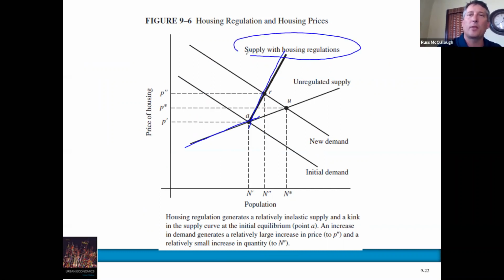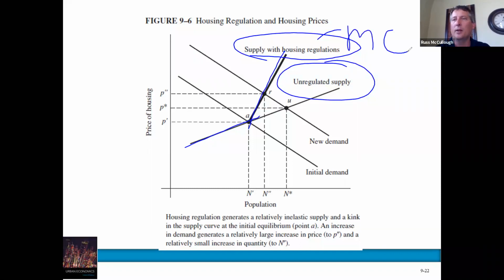So supply with housing regulations versus unregulated supply. Remember, the supply curve is the marginal cost curve. So if we have the beauty contest, the brick, the open spaces, or meetings that may otherwise not be that necessary, all of those regulations are raising the cost. And that's what that Wharton index is reflecting.